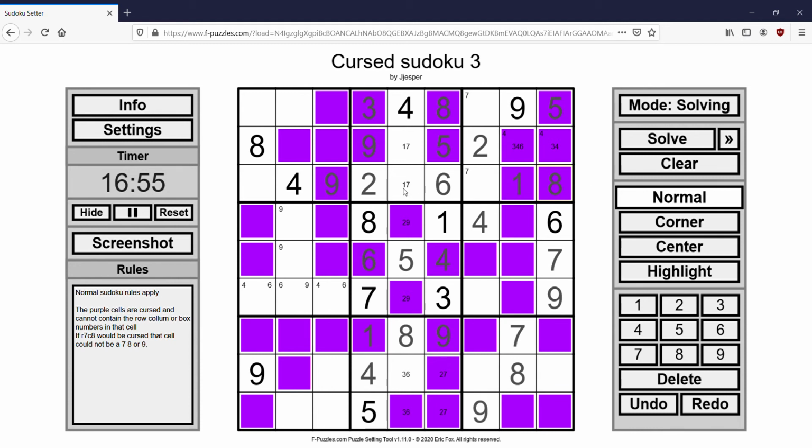That 1 sees this pair and makes that a 7, which makes this a 1. Okay. All right, that's progress.